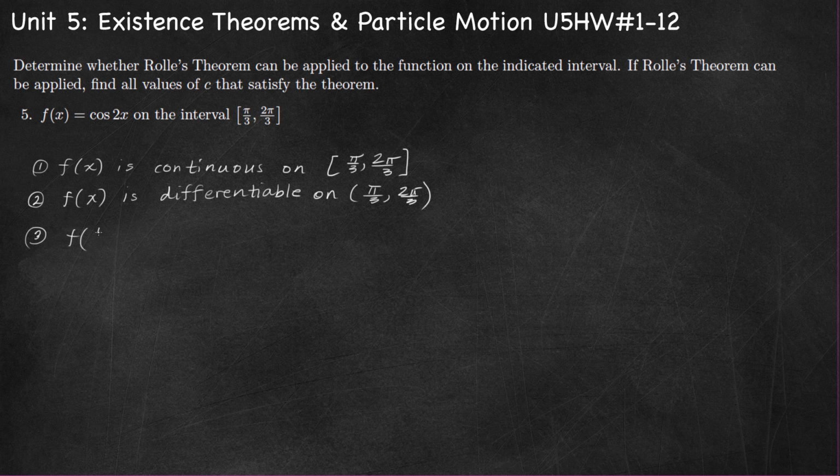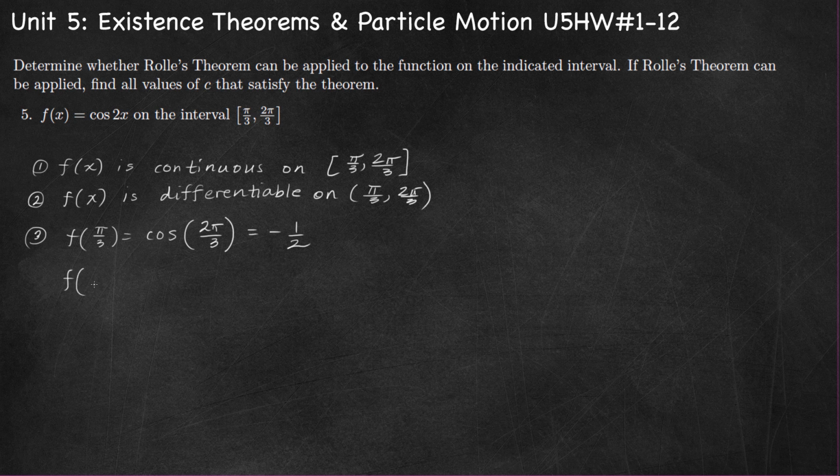So f of pi over 3 is the cosine of 2 times pi over 3. Cosine of pi over 3 is 1/2. Cosine of 2 pi over 3 is 1/2, but we're in quadrant 2, so it's negative 1/2.